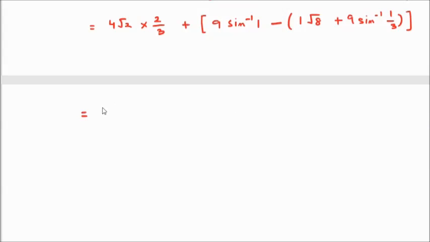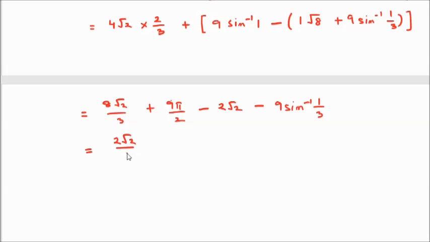This we will get as 8 root 2 by 3 plus 9 pi by 2 minus root 8, I can write this as 2 root 2, minus 9 sine inverse 1 by 3. If I simplify this, I will get 2 root 2 by 3 plus 9 pi by 2 minus 9 sine inverse 1 by 3, which is my required area of the smaller portion enclosed between the two curves.